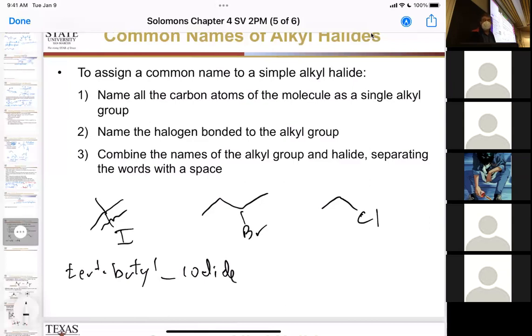And then we have this one right here. This is sec-butyl. There's more isomers, butyl, space, bromide, not capitalized. And then this one would just be ethyl chloride.